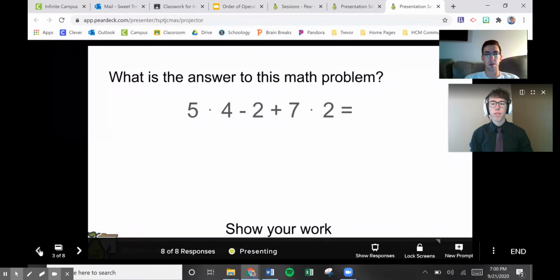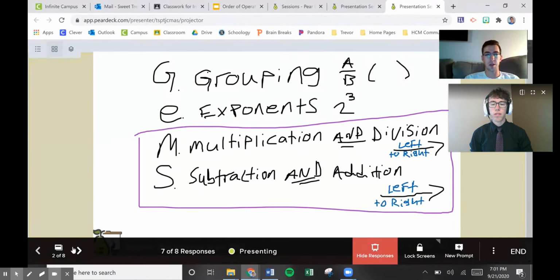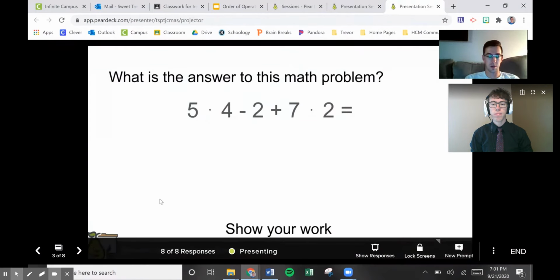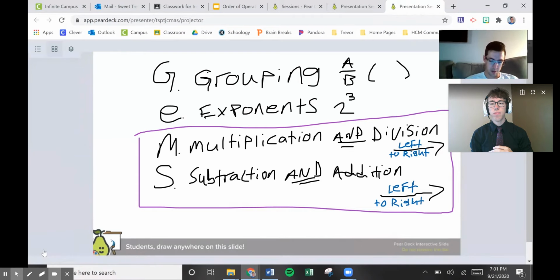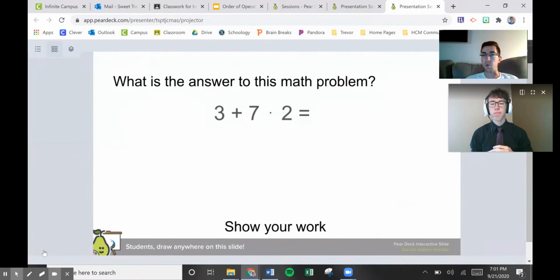It's going to be this problem here that we worked on. Okay. So just like I showed you in the notes, multiplication first.